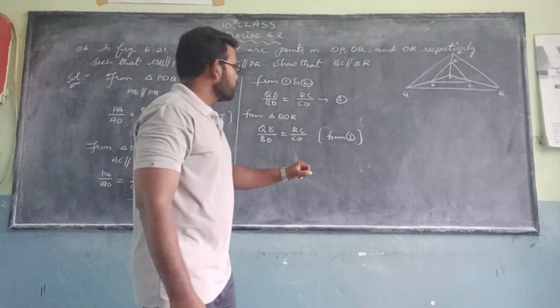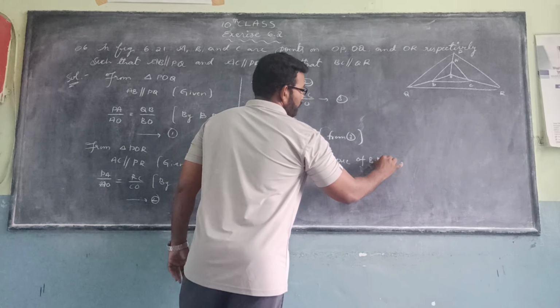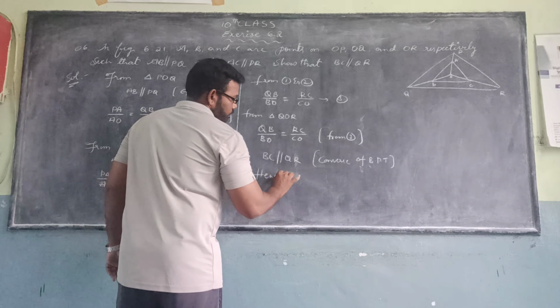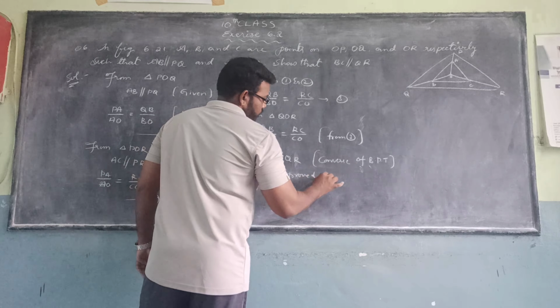So we can write that BC is parallel to QR by the converse of BPT. Hence proved. That's it.